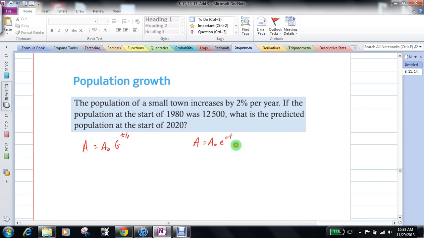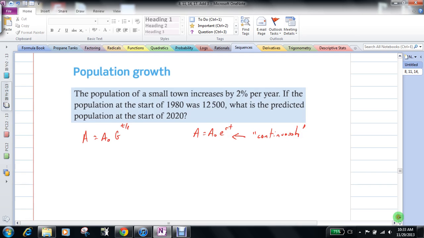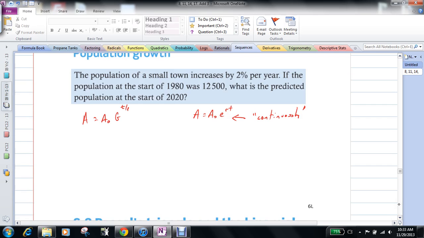But this formula was used if the question used the word continuously. Remember, the e formula represents continuous growth, and that's much more accurate, but we want you to decipher between when to use the e formula and when not. So in this case, the word continuous has not been used.